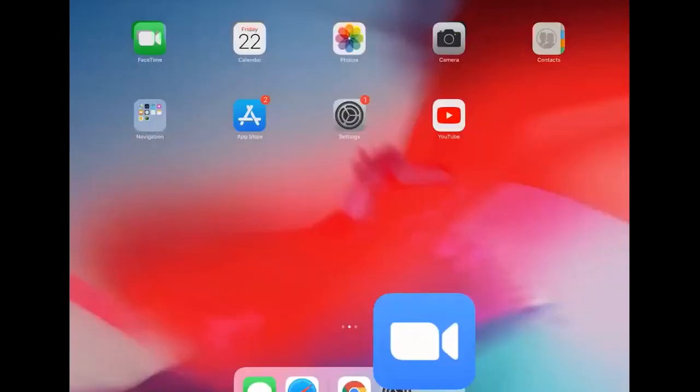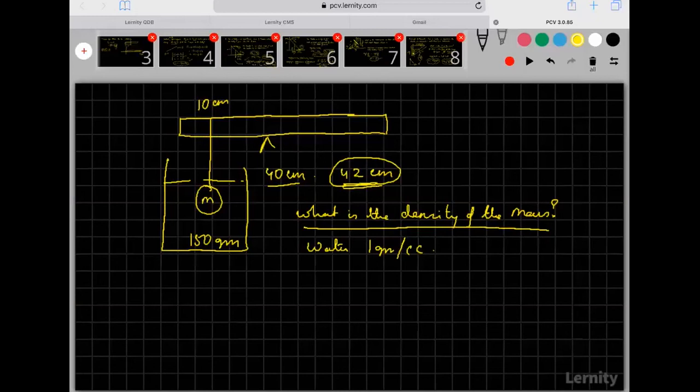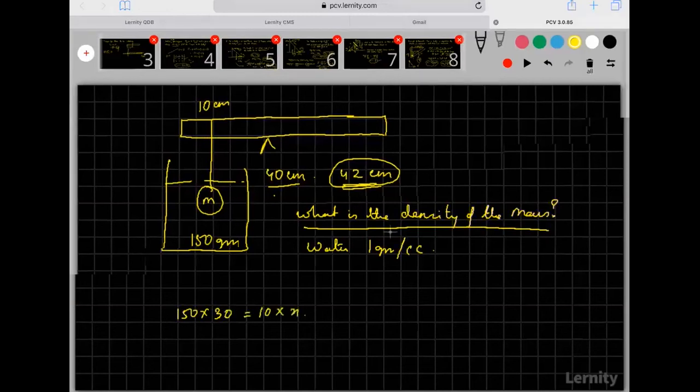First understand that it is balanced at the 40. So 150 into 30 must be equal to 10 into x. Here x is mg, and mg acts at the 50 centimeter mark. So I cancel, and I get that the mass of the scale is equal to 450 grams.